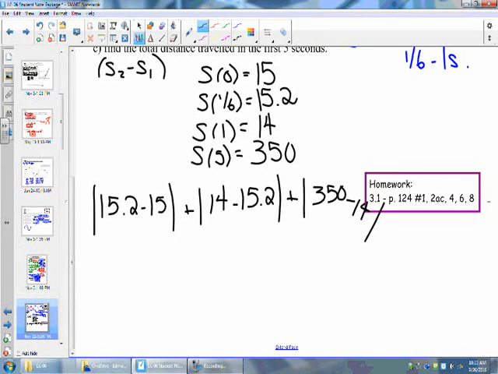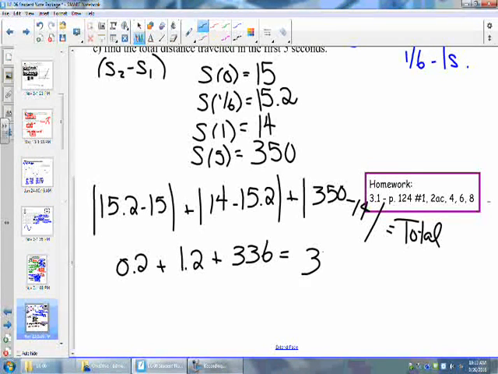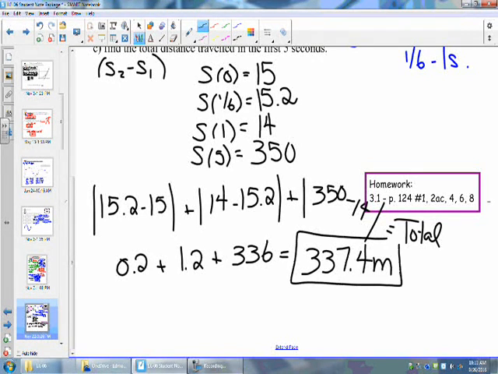And again, we're using absolute values because distance is always positive. And that's going to be equal to our total. So I've got 0.2 here, plus 1.2 there, plus 336 here. So our total distance is going to be about 337.4 meters.